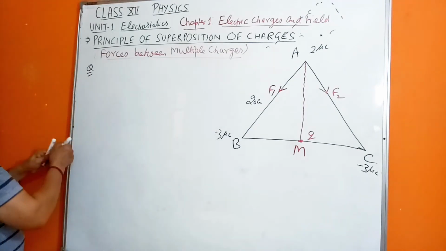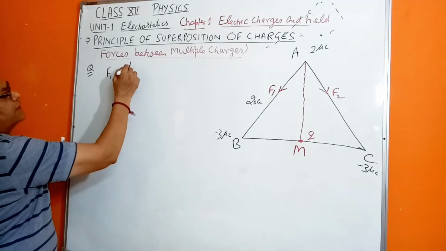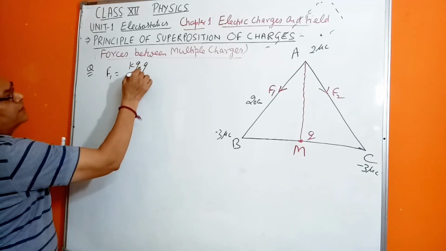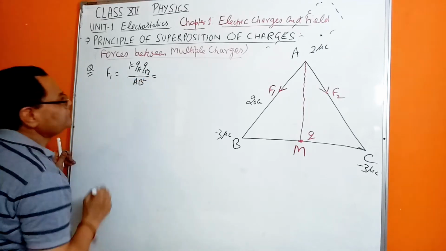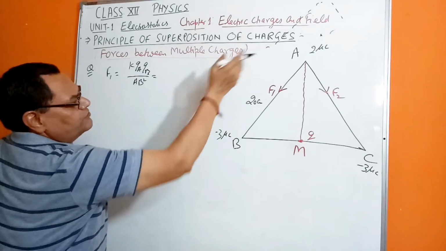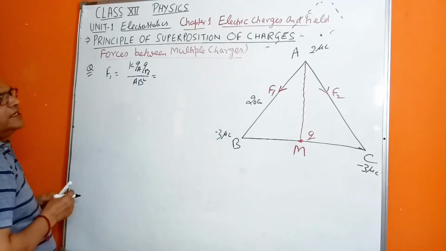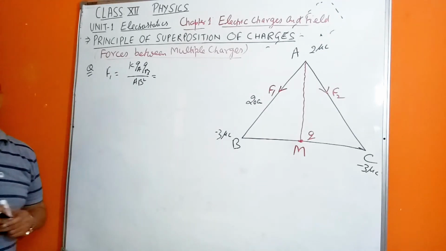So let's find out F1. It's easy. F1 will be equal to what? K QA QB upon AB square. You can substitute; of course these are micro values, micro means 10⁻⁶, and the centimeter becomes 0.2 in meters.